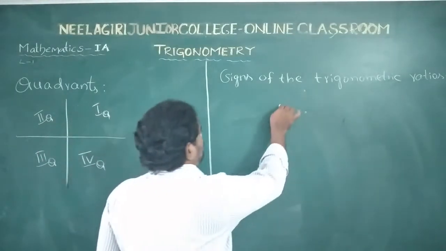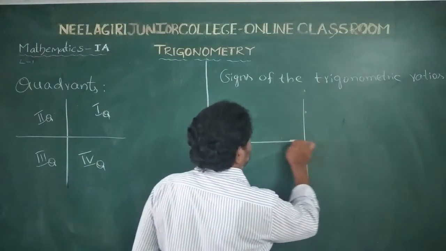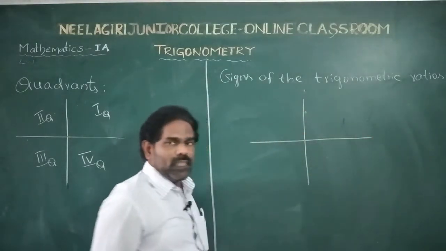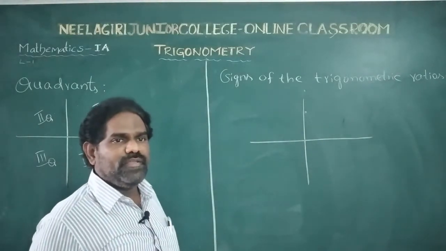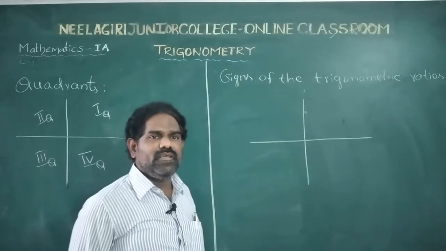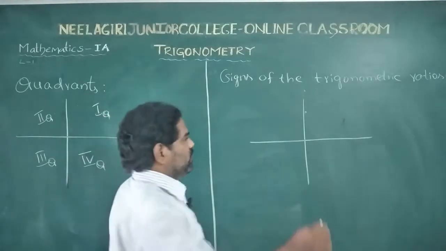I have already told you we have 4 quadrants. There is a statement to identify the signs of the trigonometric ratios easily, which is like this.